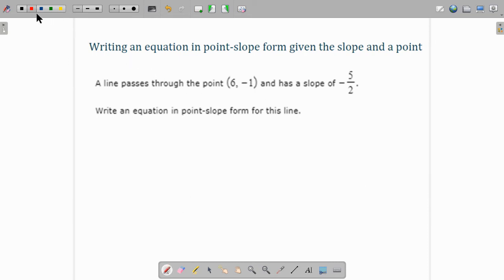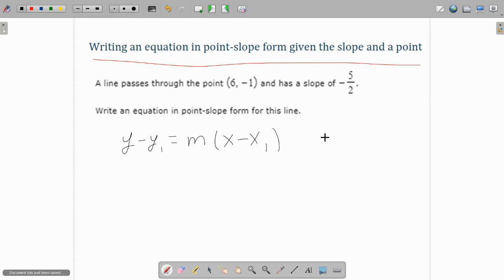Okay, writing an equation in point slope form. So we're going to use y minus y1 equals m times x minus x1. All right, so we get y minus a negative 1. There's your y value. Y minus a negative 1 is y plus 1. I bet you Alex won't want the minus negative.